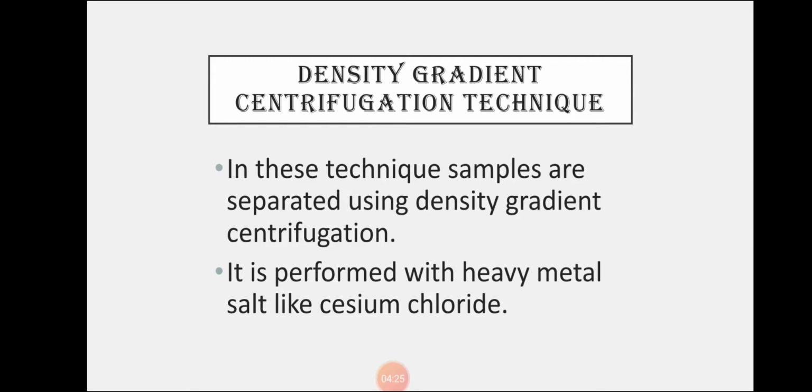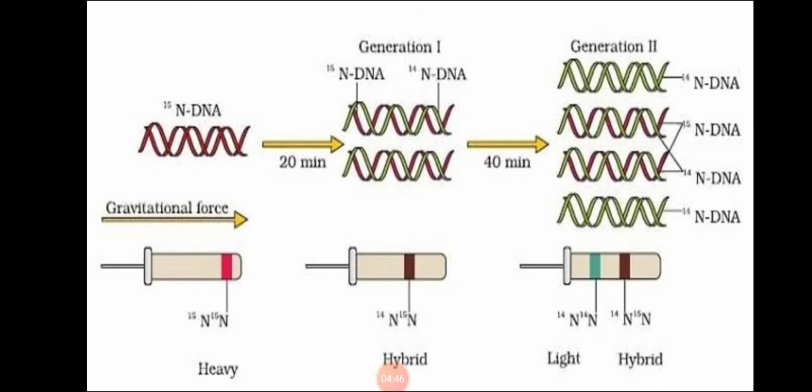In the centrifuge machine, samples are kept in test tubes and spun at a very high speed, and because of that the samples are separated in the test tube. This is performed with the help of a heavy metal salt like cesium chloride. Now let us see the observation part.